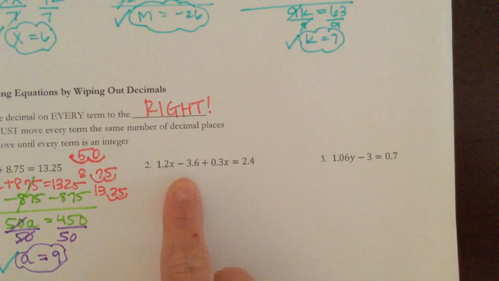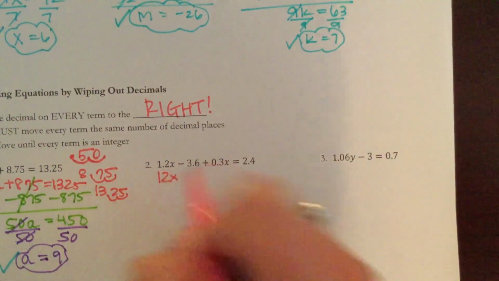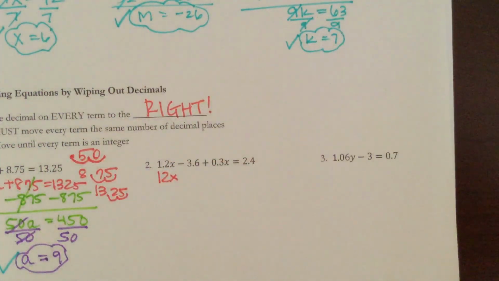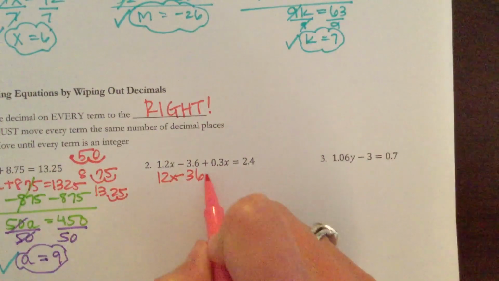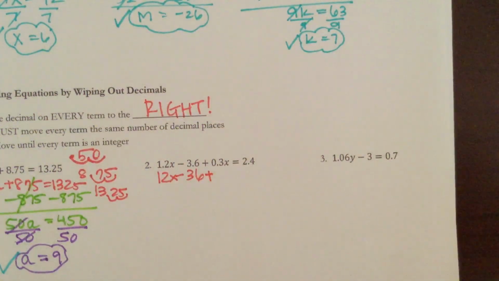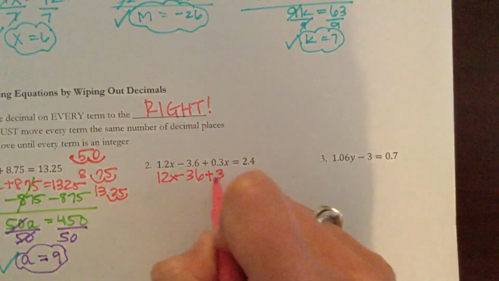If I move 1.2 over 1 decimal place, that number now becomes 12x. Negative 3.6 moved over 1 decimal place becomes minus 36. 0.3 moved over 1 decimal place becomes 3x.